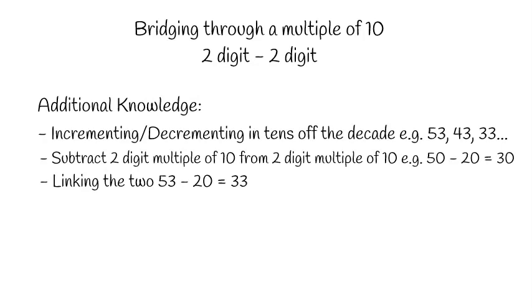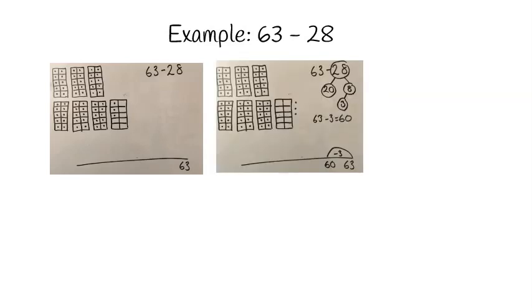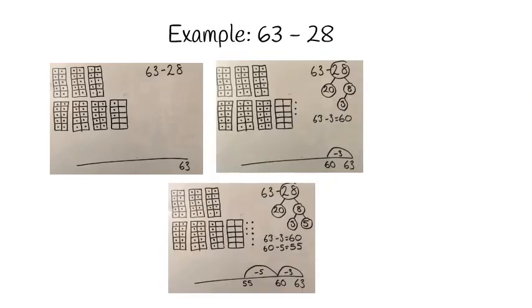A brief example of how this might look for the problem 63 minus 28 might be setting up the tens on the tens frames, discussing what could be taken away first. This could be either the tens or the ones. Let's go with the ones, as it more closely matches what we were doing previously. So, take away 3 to get 60, and then another 5 to get 55.